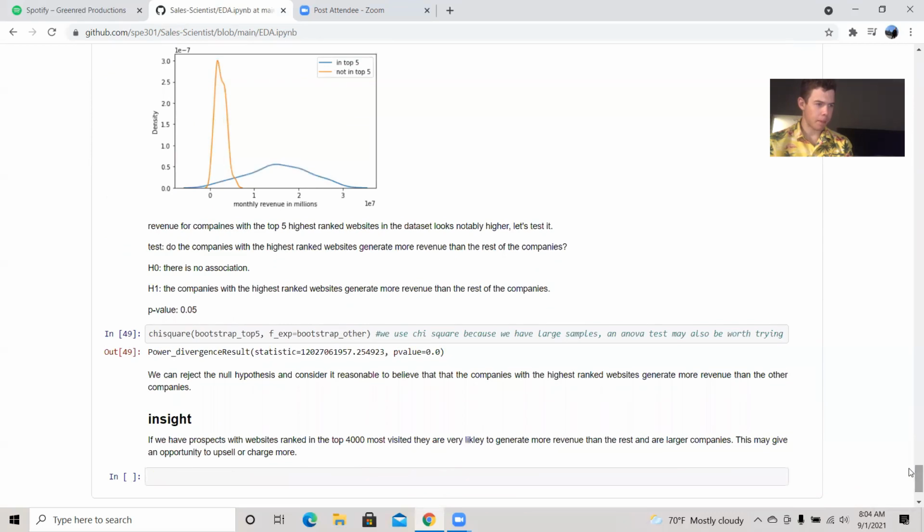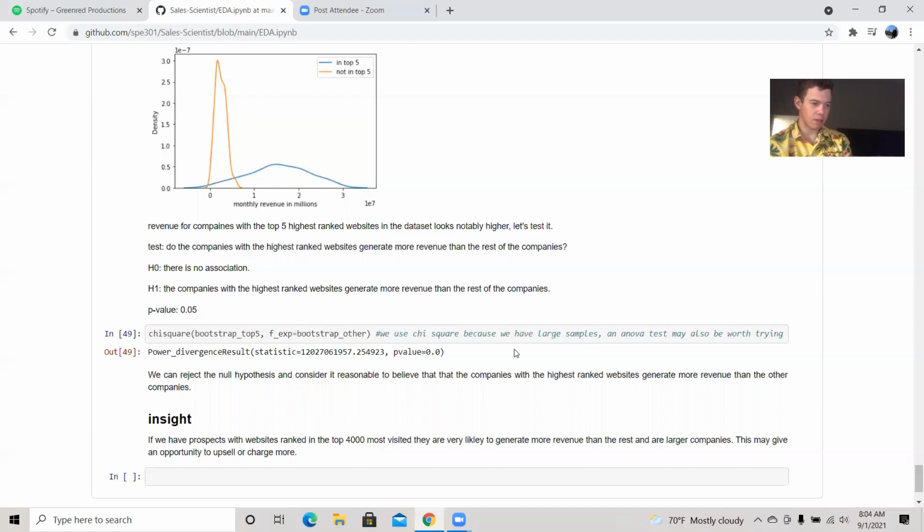And we did a chi-square test, and we were able to reject the null hypothesis, meaning we consider it reasonable to believe that the companies with the highest ranked websites do generate significantly more revenue than the rest of them.